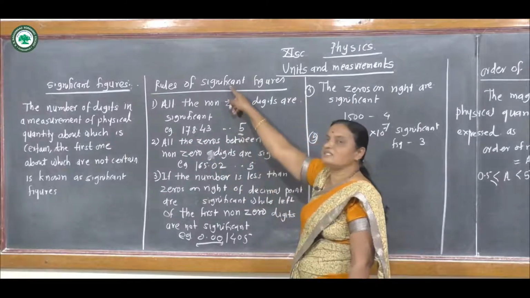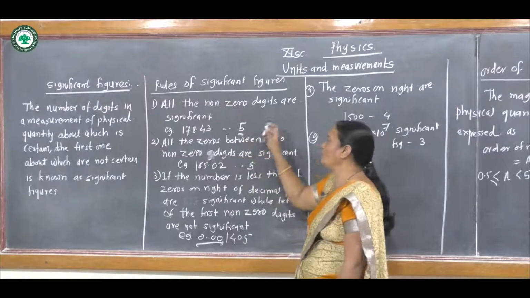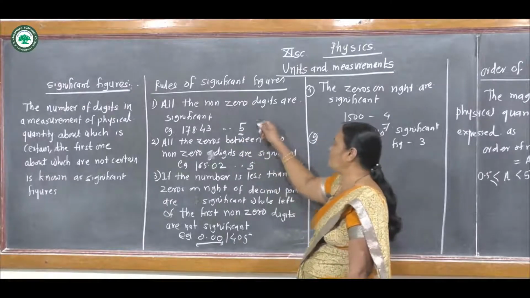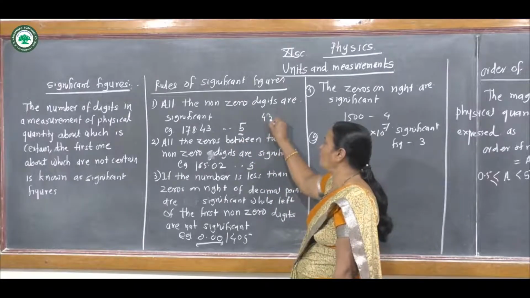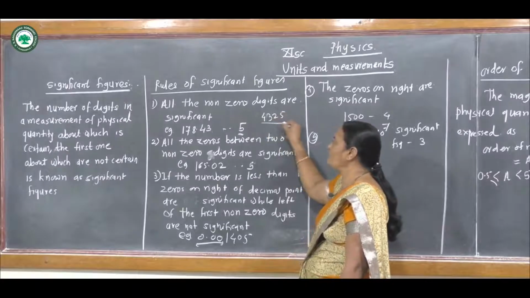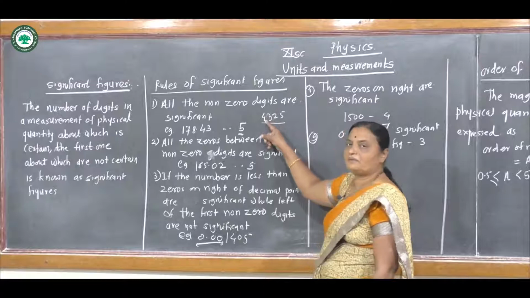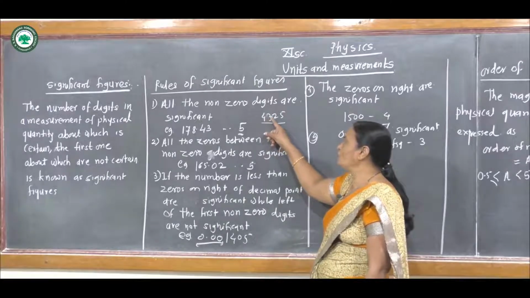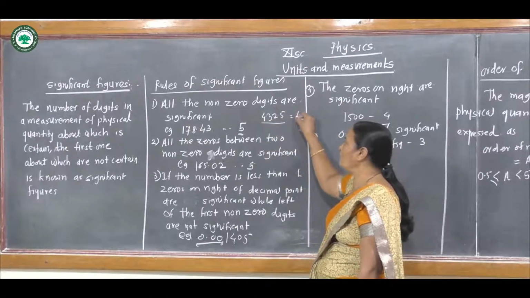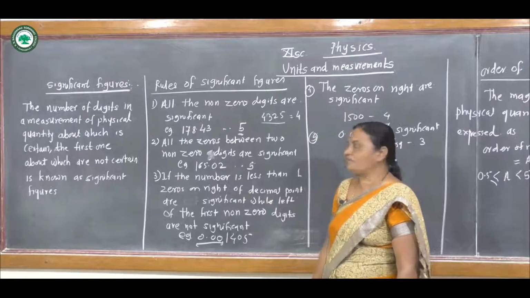Therefore, 5 is the significant figure. Suppose we consider another example, 4325. These are all non-zero numbers and the significant figures are 1, 2, 3, 4. Therefore, 4 is the significant figure.